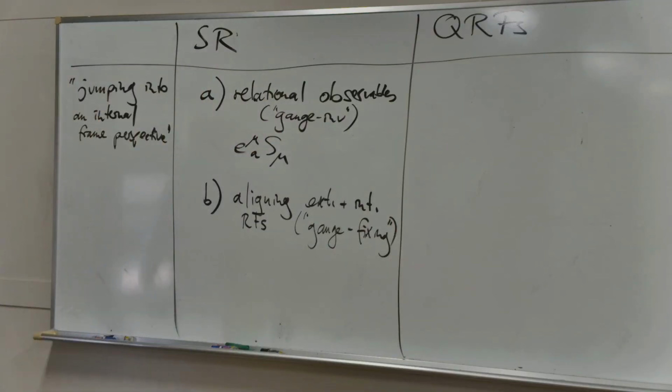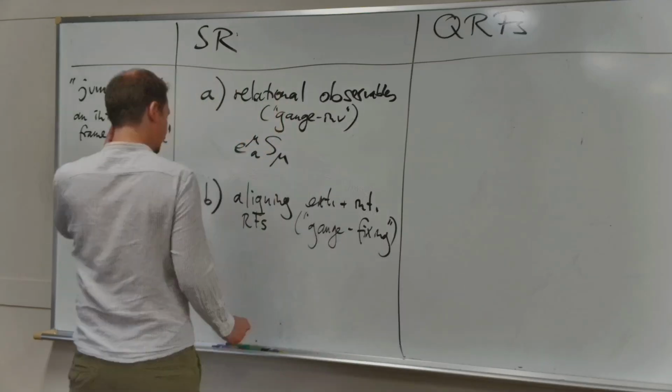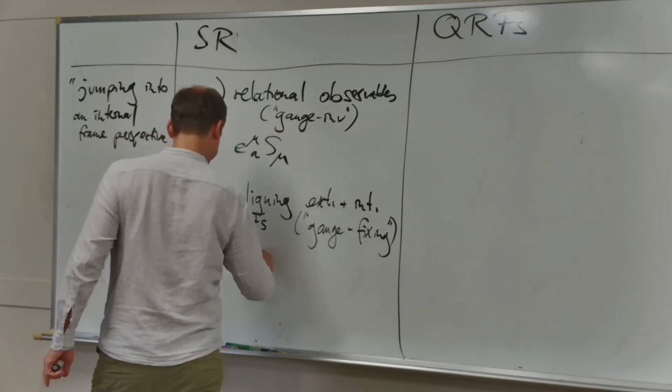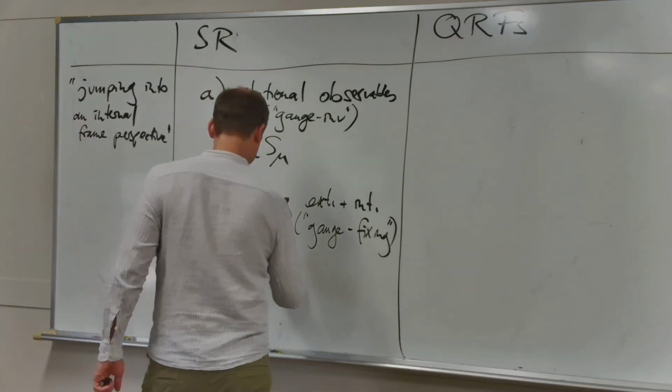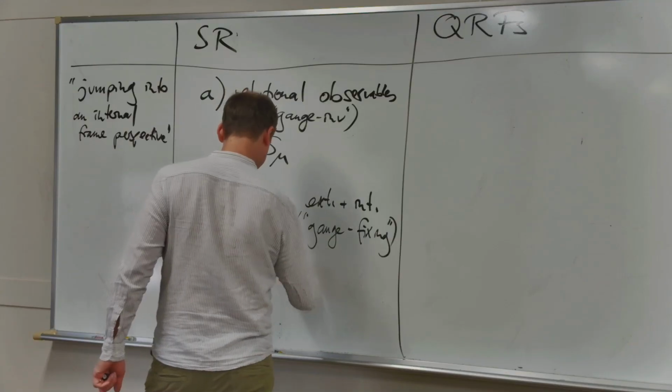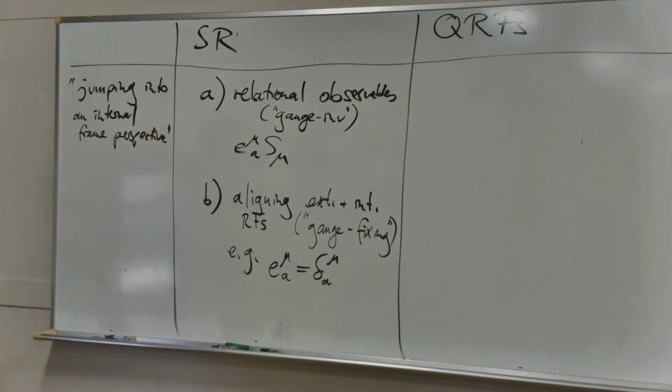And this really hinges also on the equivalence of gauge fixing and gauge invariant descriptions. And so here, for example, we can set e mu A to be delta A mu. Right. So this means we're actually aligning the internal and the external frame.